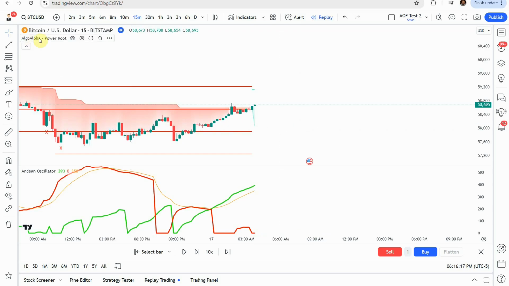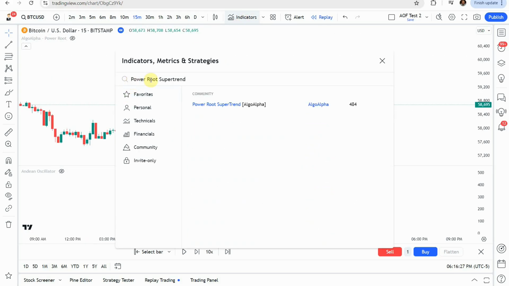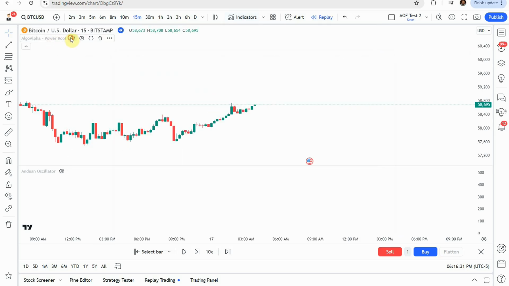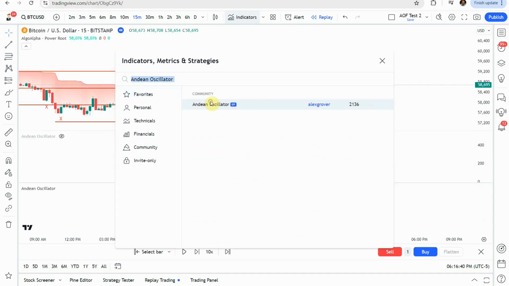What we'll do is just go ahead and hide the indicators we have on screen now. And the first indicator we will add to the screen is going to be the Power Root SuperTrend, this one right here. Go ahead and click on that and add it to the screen and keep it on the default settings. The next indicator we will add to the screen is going to be the Andean oscillator.